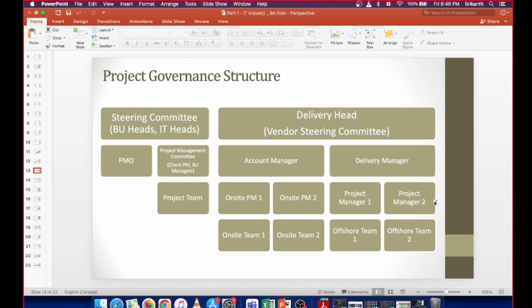Hi guys, those who are late, we just started going through how a client organization, the vendor organization and the project governance structure will be. So you can later on follow the video on that. It is just an overview of how the client hierarchy and the IT vendors like Wipro, TCS or Cognizant look, and also how a real-time project structure looks.